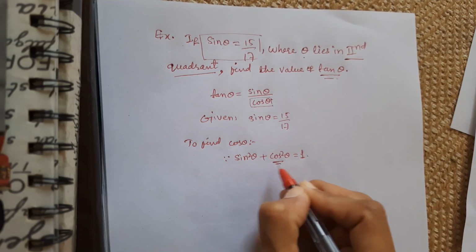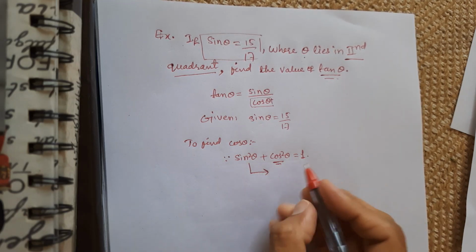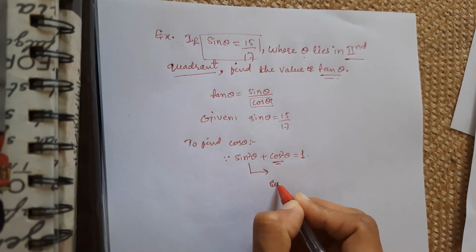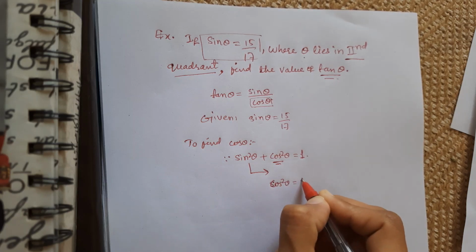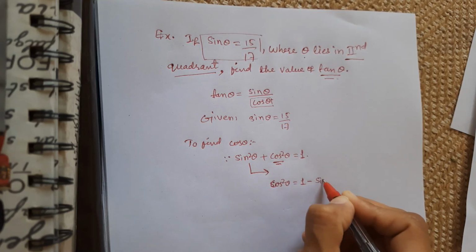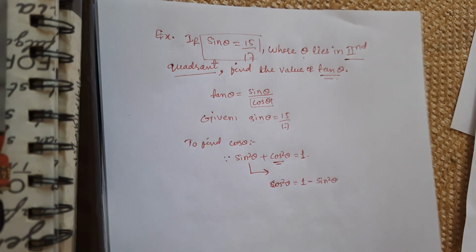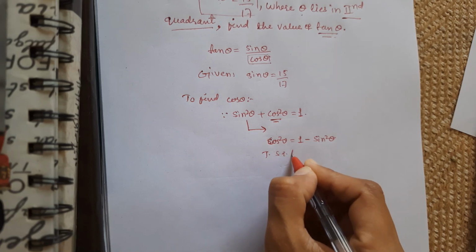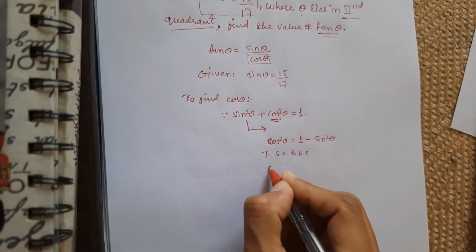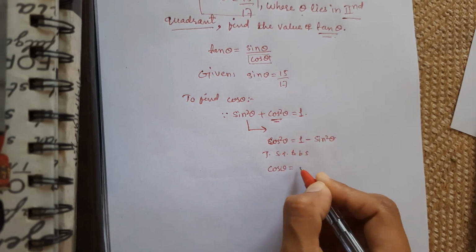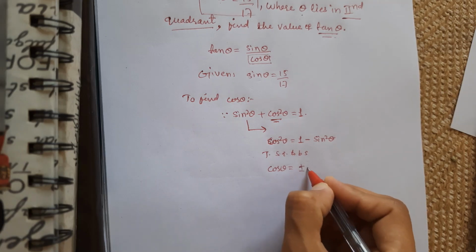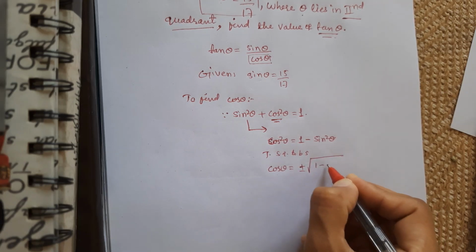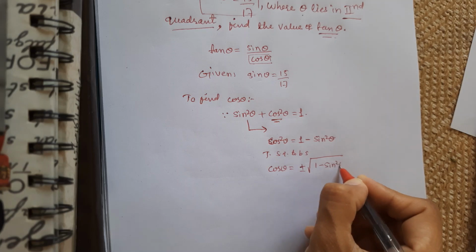From this I can find cos square theta, and from that cos theta. Since I need cos theta, I am shifting sin square theta to the other side. I get cos square theta equal to 1 minus sin square theta. Taking square root on both sides, I get cos theta equal to plus or minus root of 1 minus sin square theta.